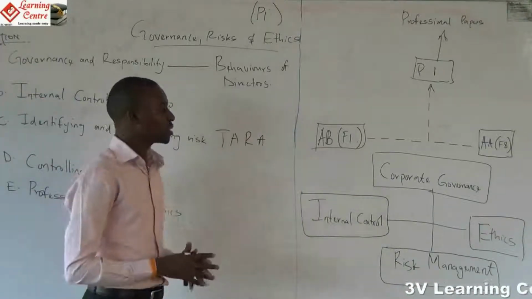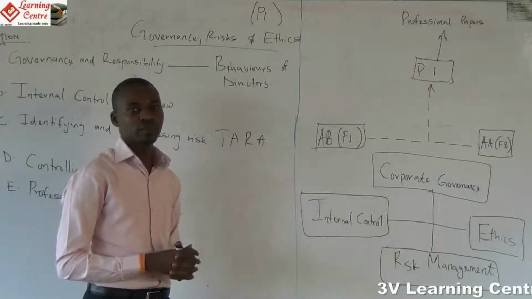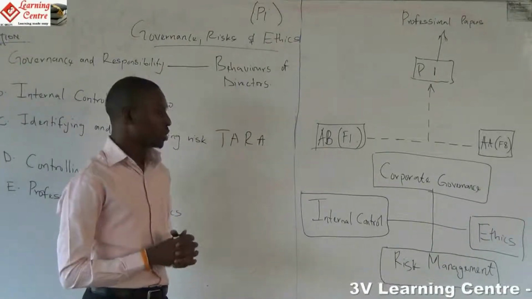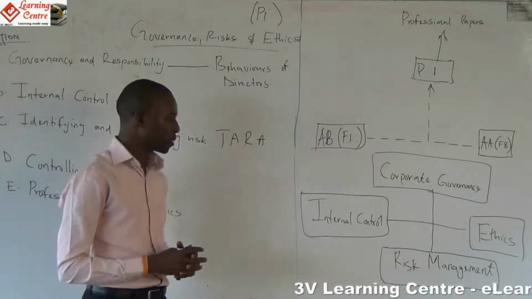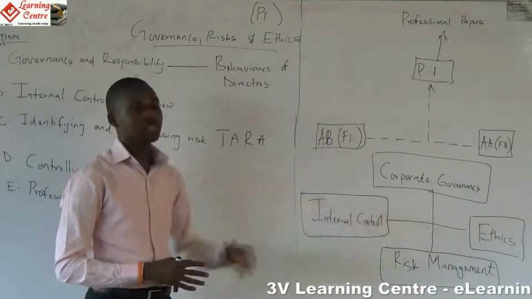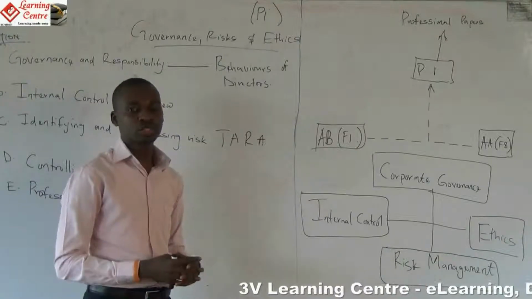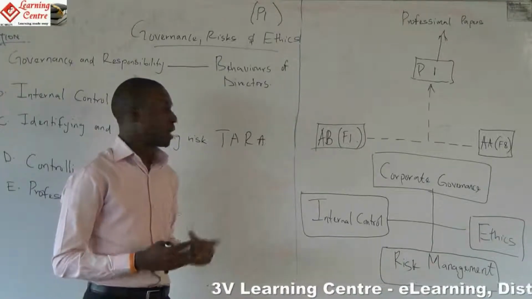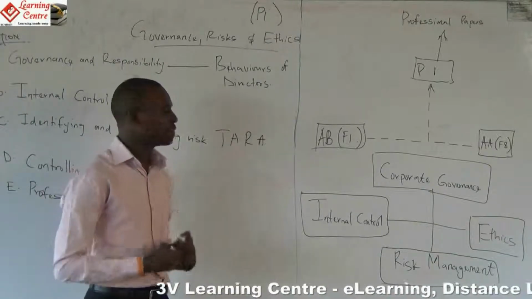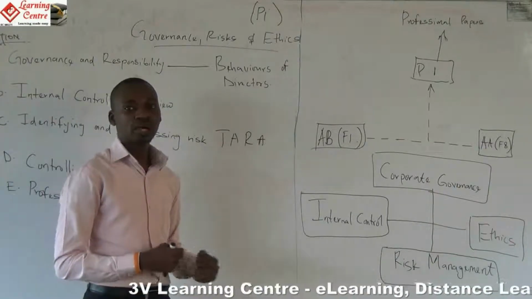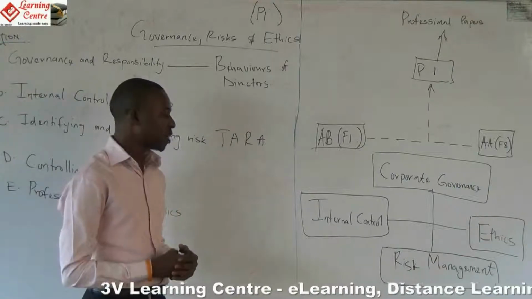Corporate governance is focused on the codes, and the codes are usually whether you are following a rules-based approach or a principles-based approach to corporate governance. Ethics will look at how you make decisions as an individual and as managers and directors in an organization, and how they can affect your organization and immediate environment.